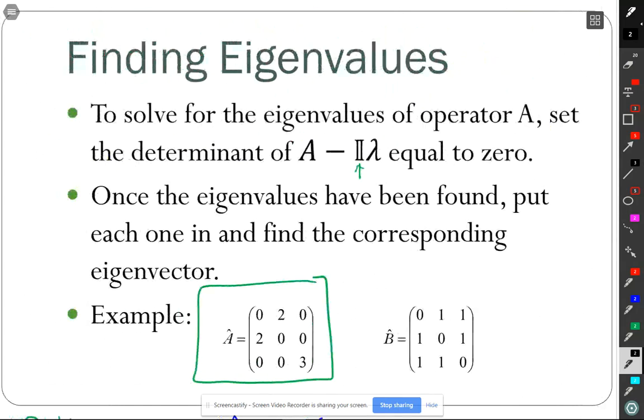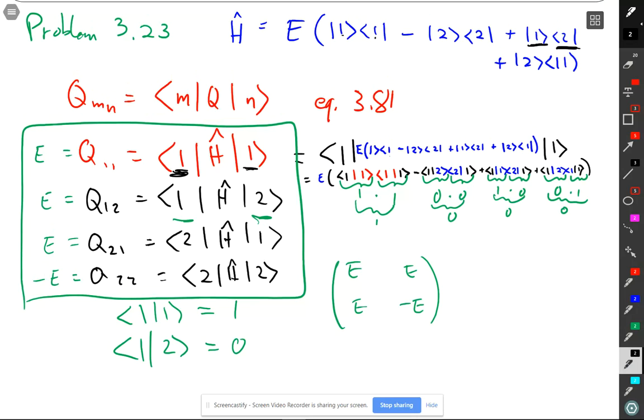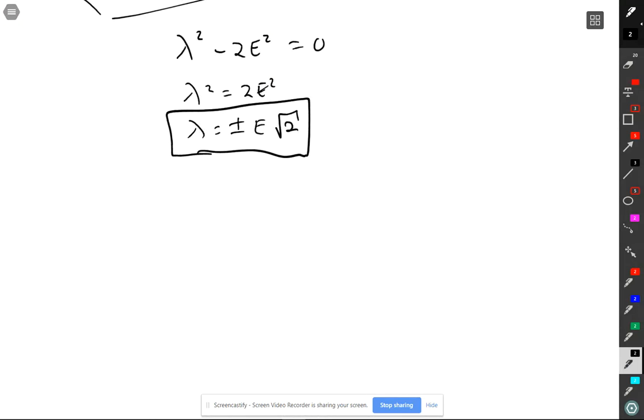Remember, we started with a Hamiltonian. The energy? Yes, they are the energy eigenvalues. So basically, we could say energy 1 is equal to E root 2, and energy 2 equals minus E root 2.